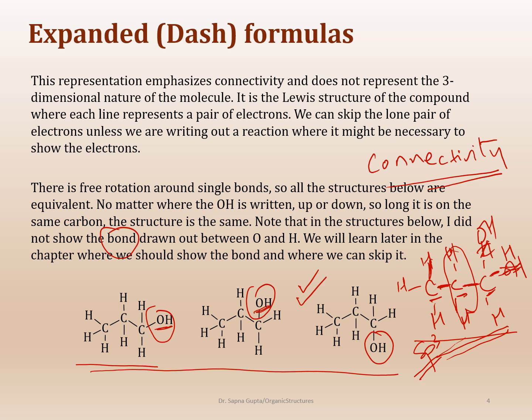What is important is how the atoms are connected to each other, and where they are sometimes is not that important, because in this case it's a single bond, so it doesn't matter. So long as this carbon has 2 hydrogens and an OH, we're fine. Carbon has 2 hydrogens and an OH, that's fine. That's how you need to look at this one.